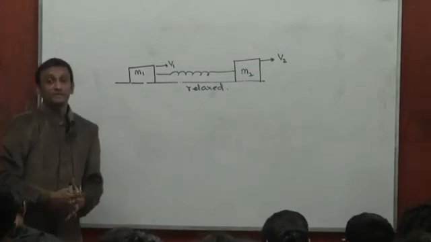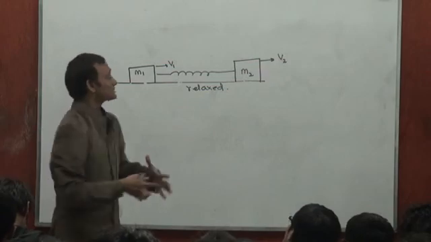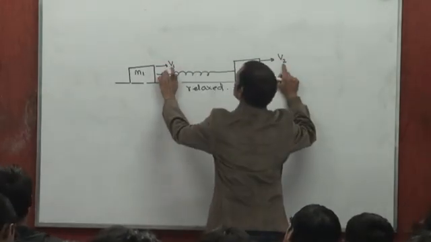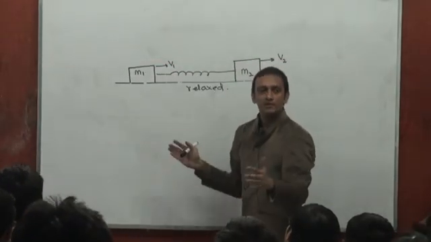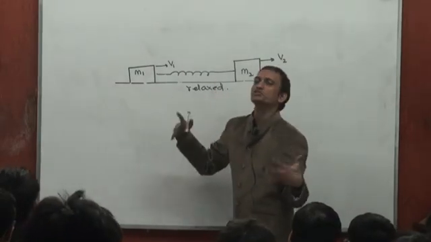Now, the spring will elongate if v2 is greater than v1. The spring will compress if v1 is greater than v2, but it does not matter.